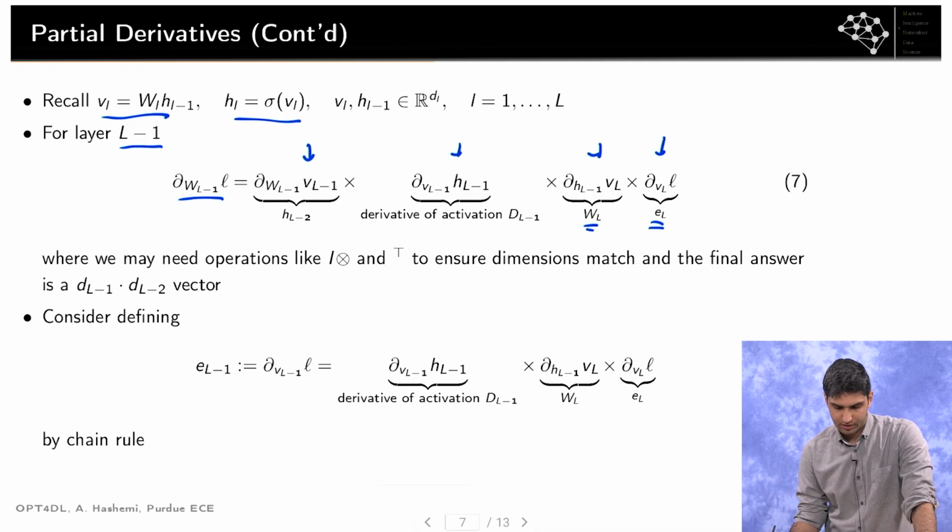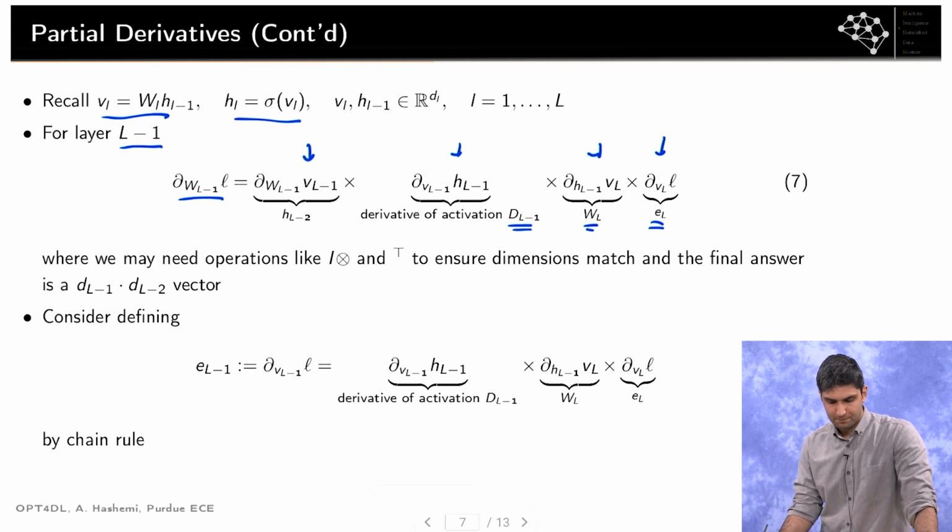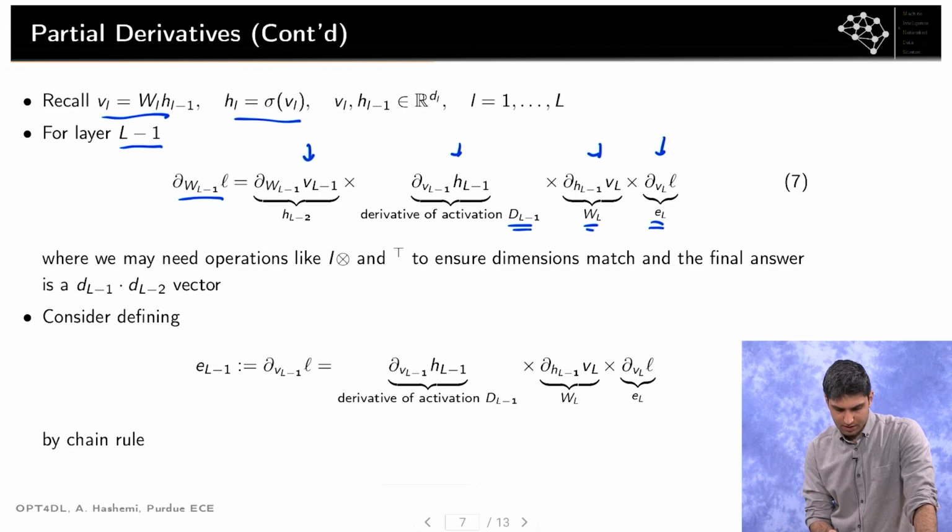It's not very difficult to see that this will be something that depends on W_L. This partial derivative of H_{L-1} with respect to the pre-activation of layer L minus 1 is something that will only depend on the activation derivative matrix. And finally, this one is going to be something that only depends on H_{L-2}.